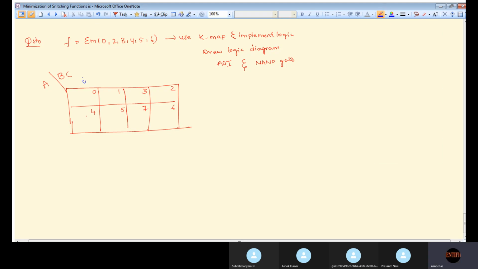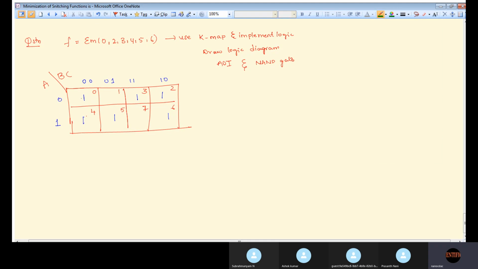So here it will be 0, 0, 0, 1, 1, 1, 0, and here 0 and 1. Tell me where they come: at 0 there is a one, at 2 a 1, at 3, at 4, and here 5 and 6. Okay, so these are the min terms which are given.